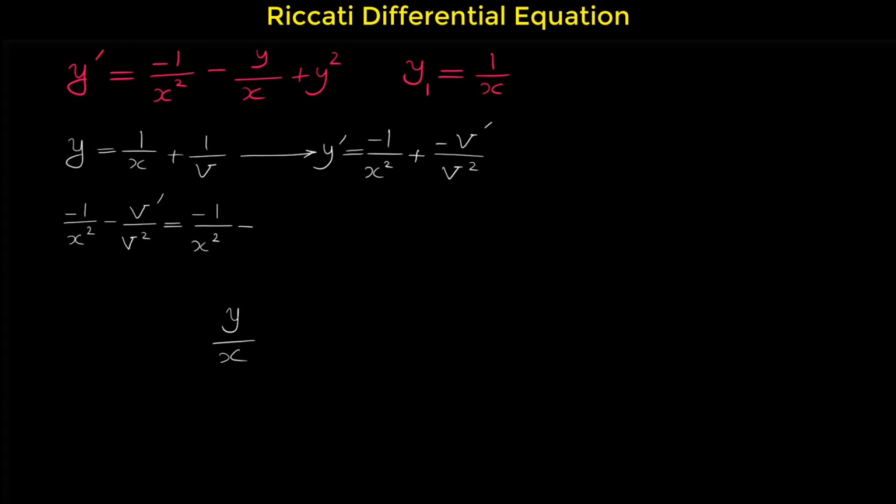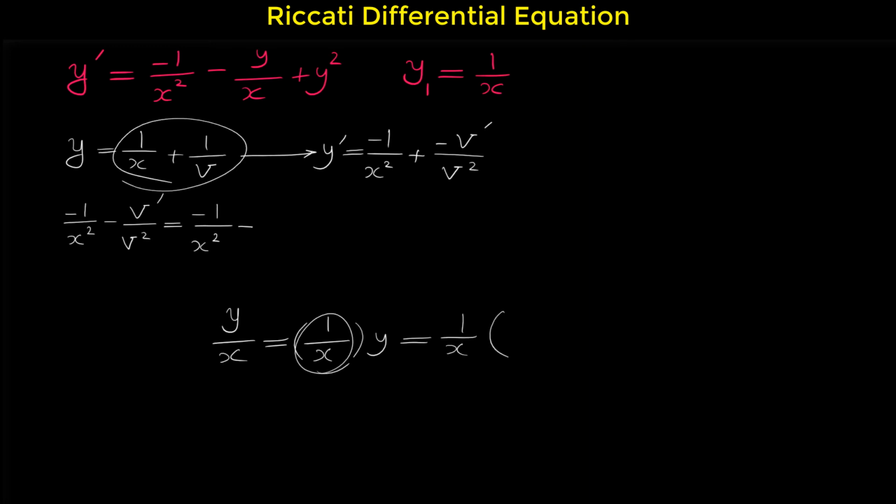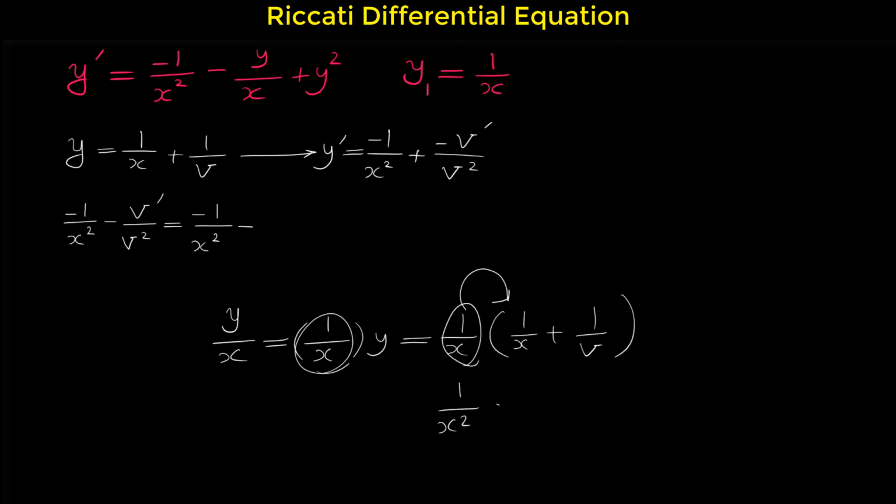Note that instead of dividing y by x, you can say y over x is actually 1 over x times y. If we multiply 1 over x in this bracket, 1 over x plus 1 over v, we have 1 over x squared, this multiplied by this, plus 1 over x times v.